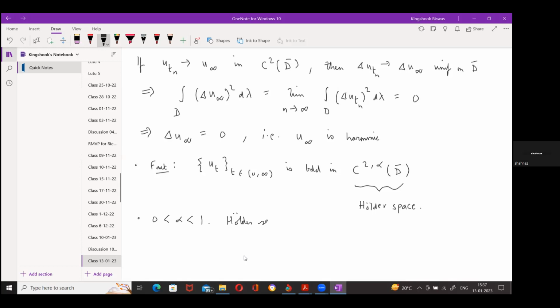I'm defining the Holder semi-norm of a function phi.